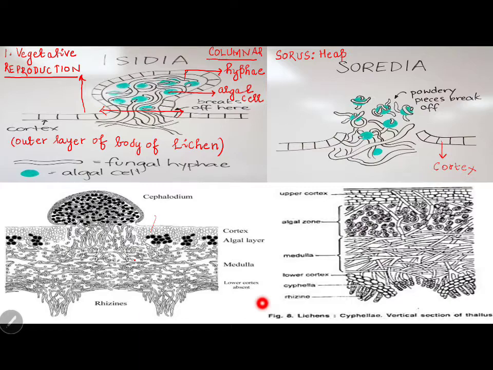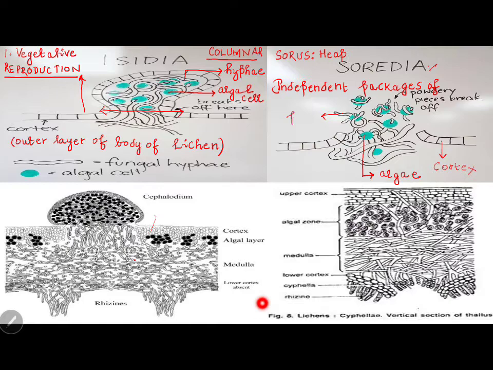The Soredia are independent packages of algae, which is the green color structure here, and fungi.